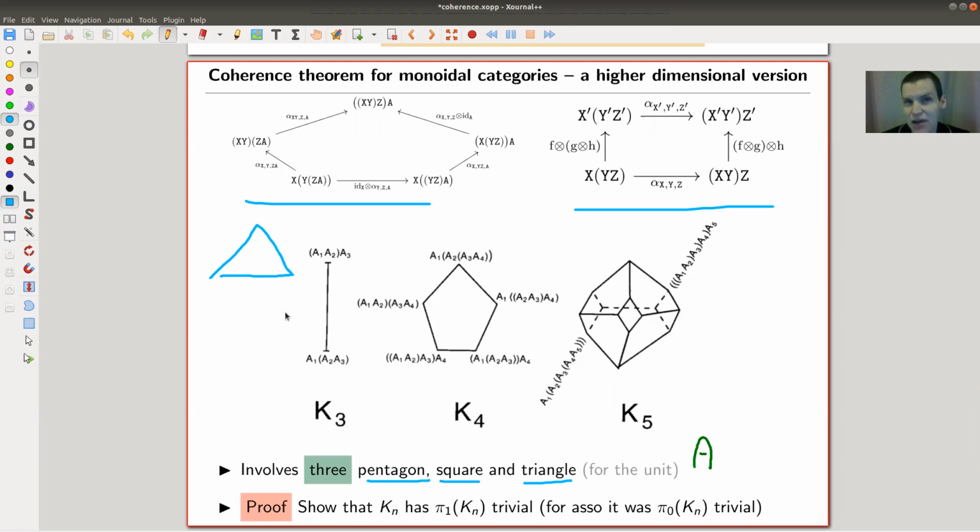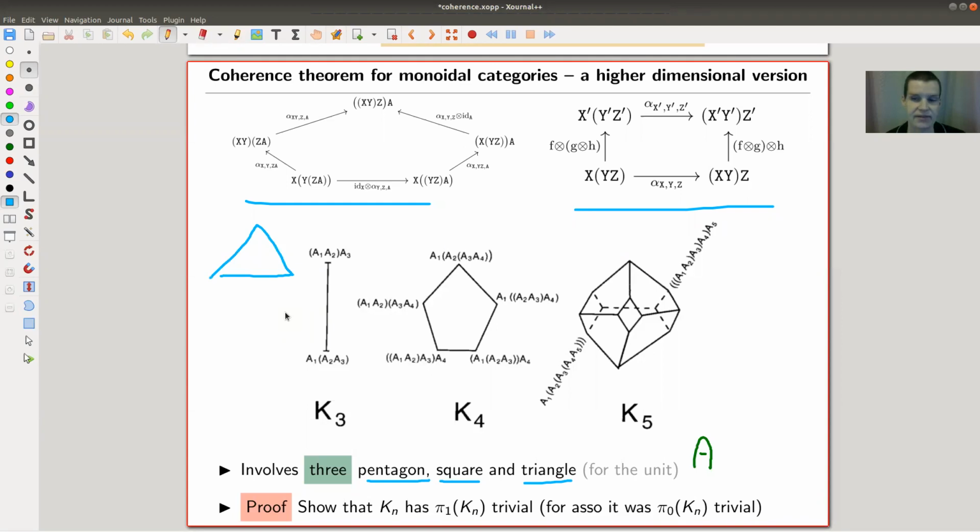And Mac Lane's coherence theorem has basically the same proof as what I showed you before, with this funny space where you glue together this graph that I called Kn. You can associate to this problem a topological space, which you call Kn.